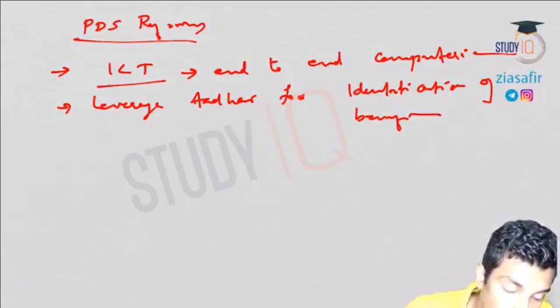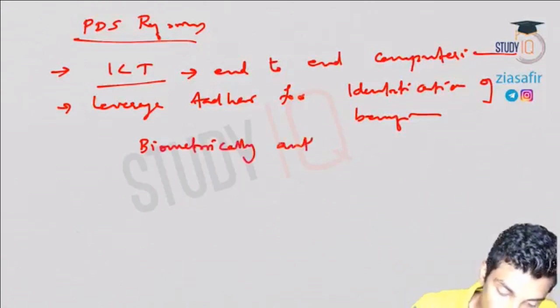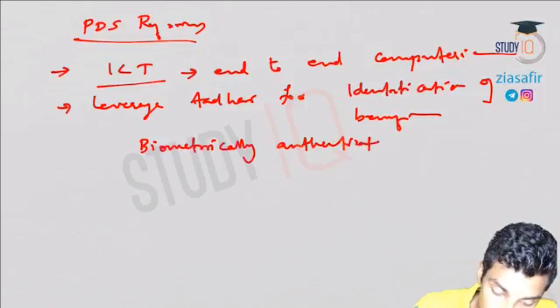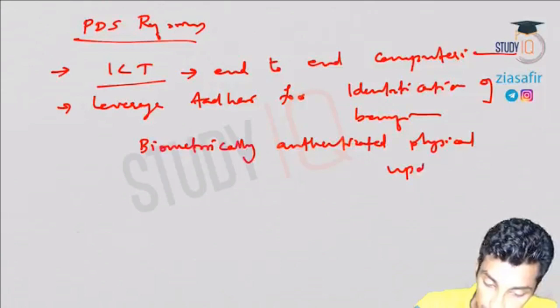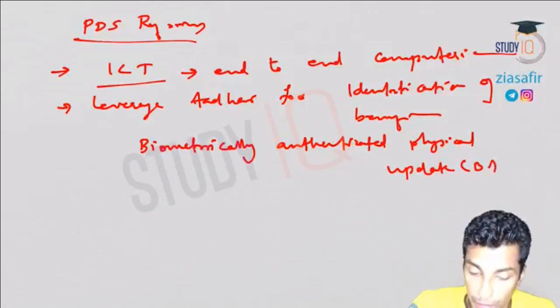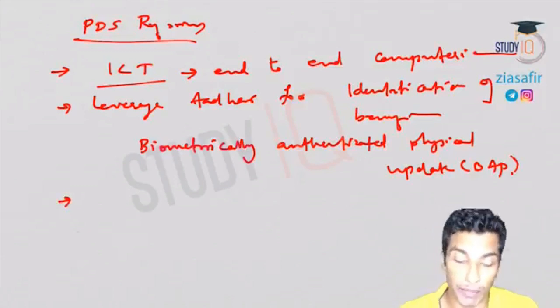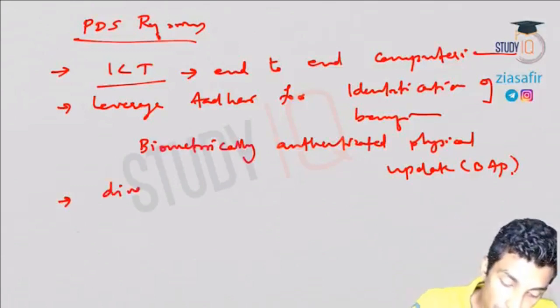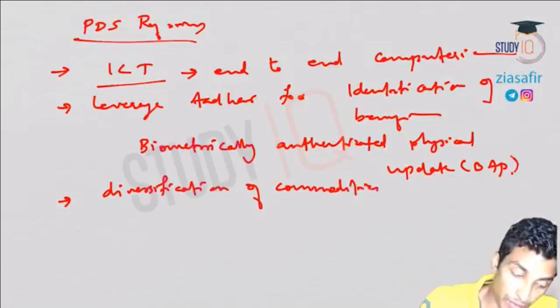Biometrically authenticated physical update, BAPO. Then diversification of commodities under TPDS, that could be another reform.